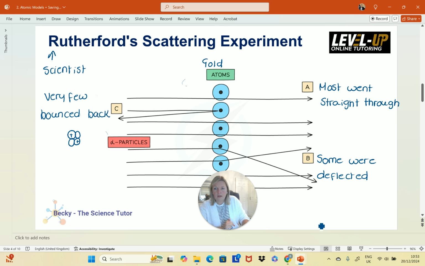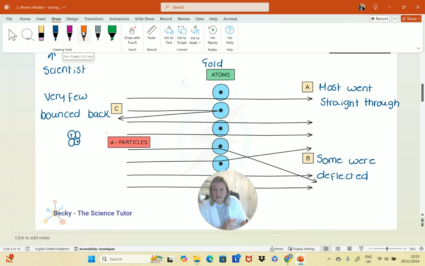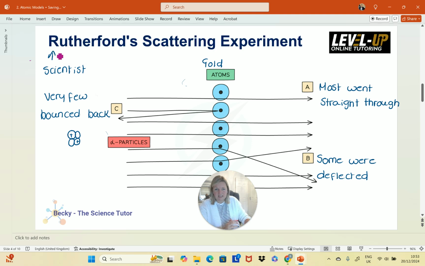So what did he conclude from this? These were his findings, but what did he decide? The fact that most of them went straight through, he said, well then there must be empty space, because if there isn't, then they can't just fly straight through.